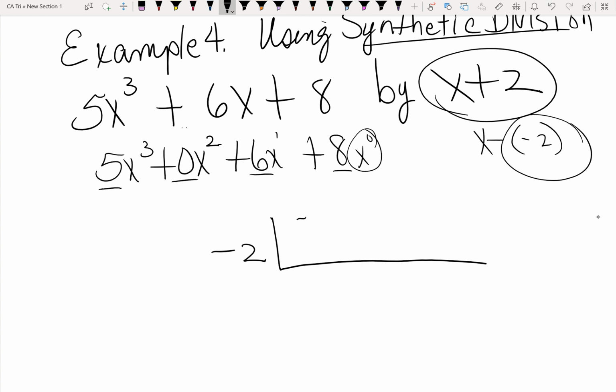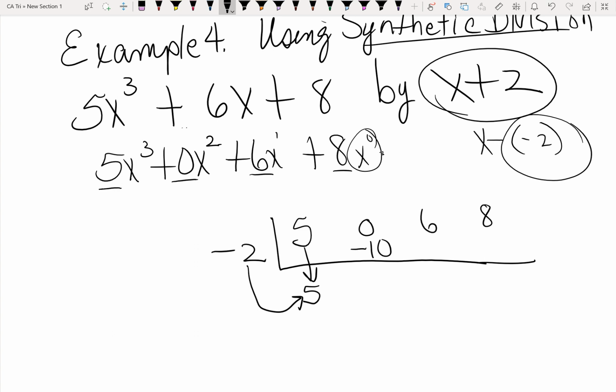So we start with the 5, space it out, then the 0, then the 6, and then the 8. You always finish it off with the x to the 0 power, right? So 5, 0, 6, 8 divided by negative 2. So the first thing we do, step 1, is drop the 5, and then we multiply, literally. Multiply negative 2 times 5, which is going to give you negative 10.